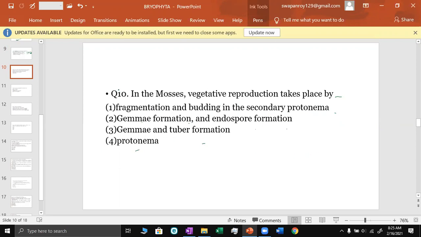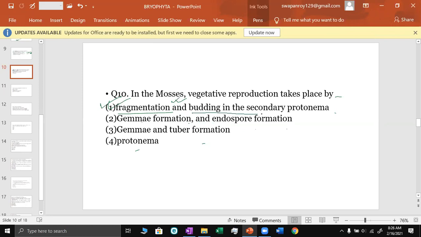Option 1 is the correct answer. This is fragmentation: the plant body, if divided into small pieces, can grow into a new adult plant.